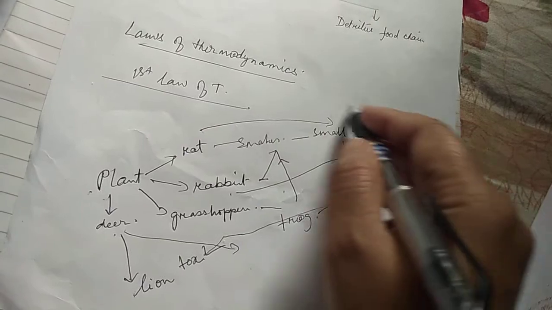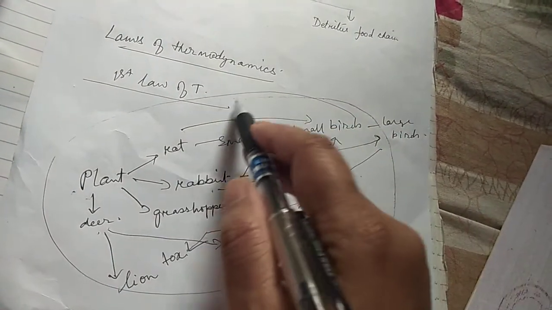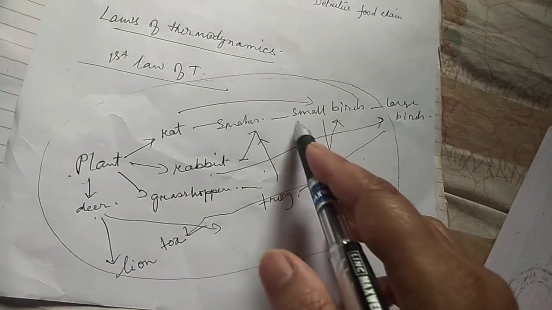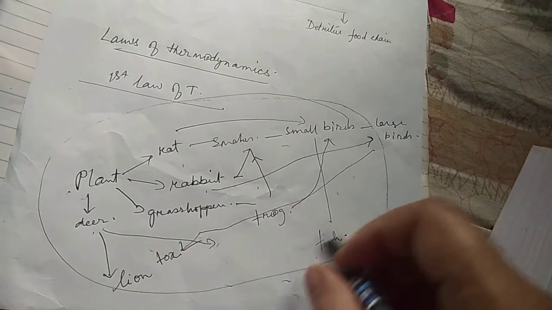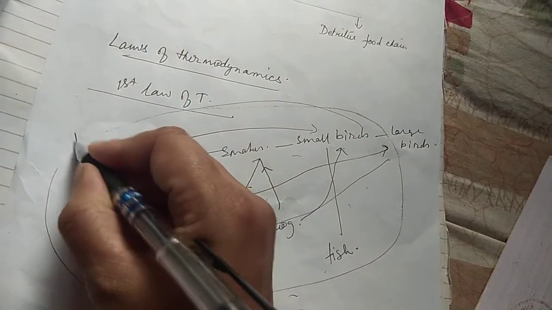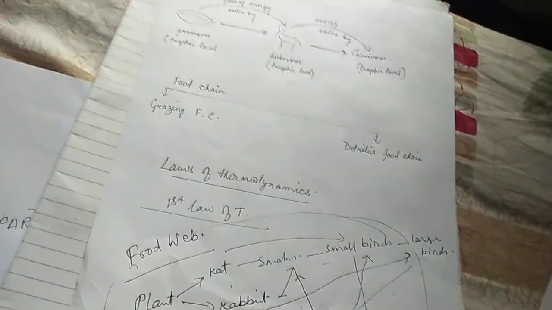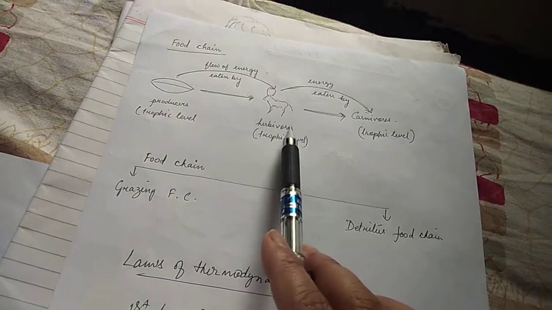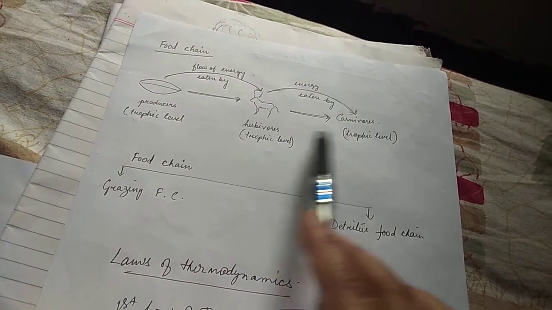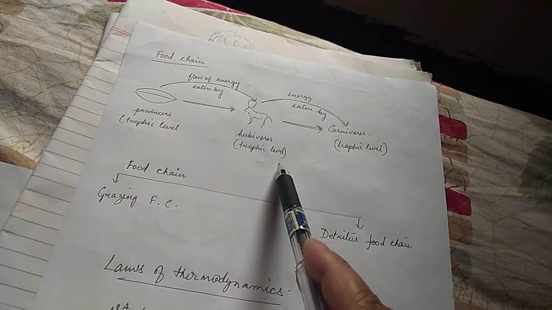So here we can see a number of food chains linked together. This linking of several food chains forms a web which is known as a food web. In a food chain, the options for food for the carnivores are one.